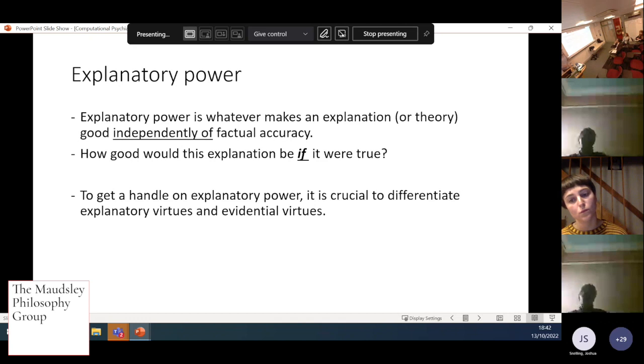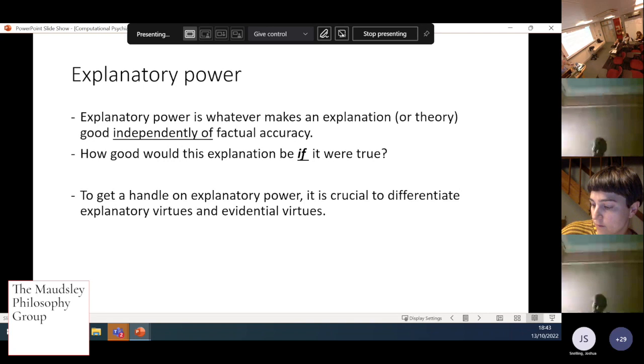Okay, so much for what explanation is. What about explanatory power? Explanatory power is whatever makes an explanation good independently of factual accuracy. So in order to ascertain the explanatory power of an explanation or a theory, you ask yourself, how good would this explanation be if it were true?